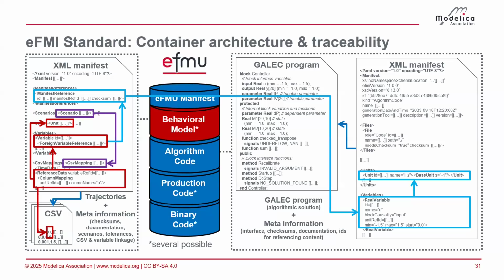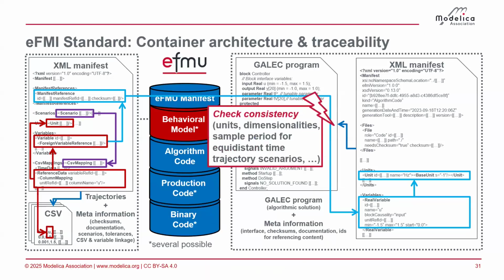And why is it important that we model it for both? Because we have to check consistency. Because if you look at the eFMU, somebody may generate algorithm code. And somebody comes and generates a behavior model for it. Then you regenerate algorithm code. Now it uses different units. If you wouldn't take care of this, and then you have the behavior model which assumes the old unit, then you would get very funny test scenarios where things may pass or fail and you don't know what's going on.